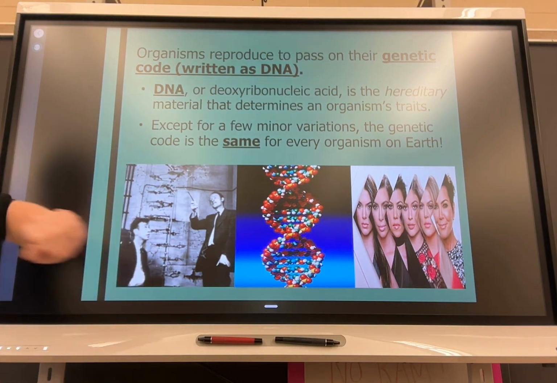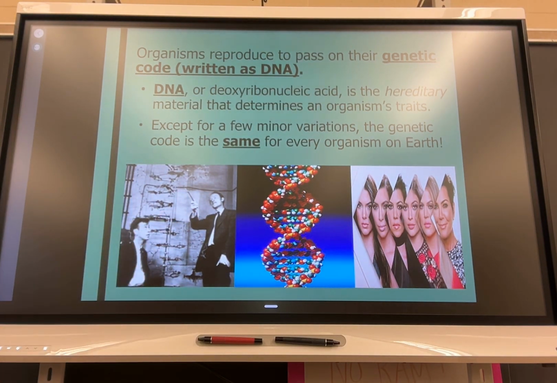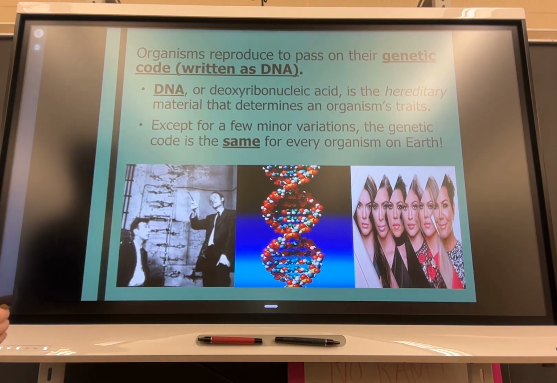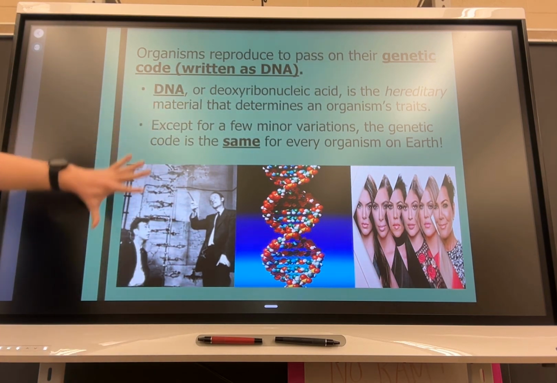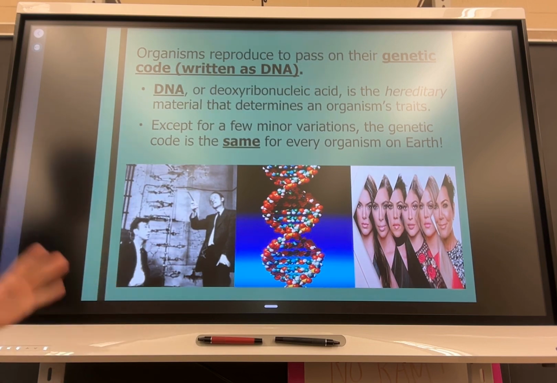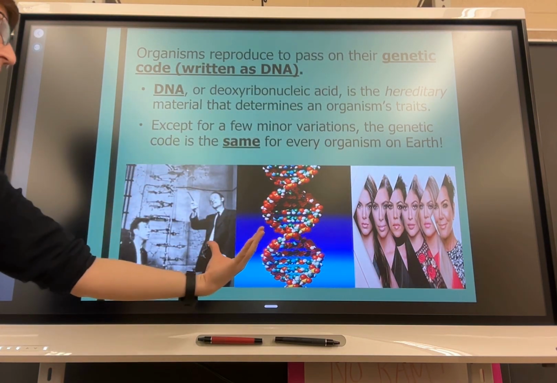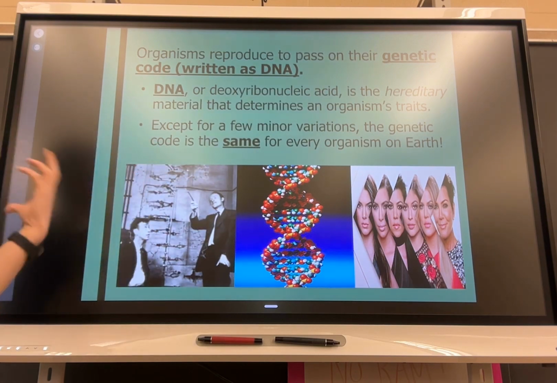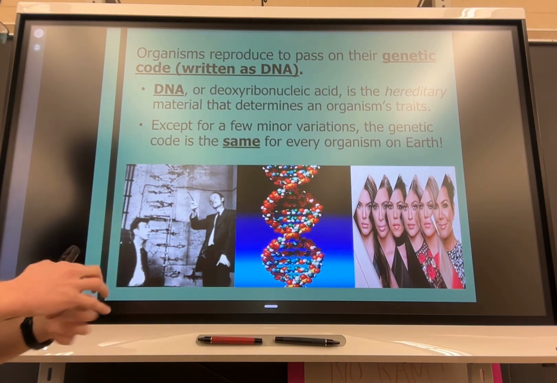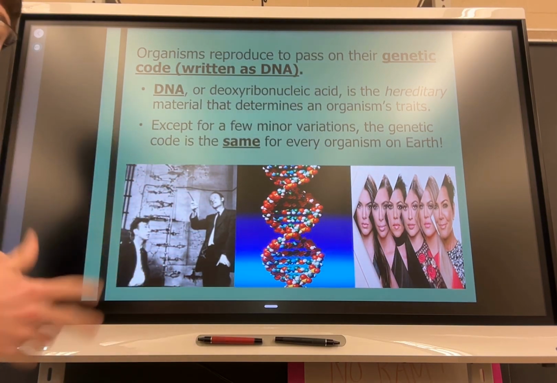So DNA was discovered by a couple scientists, Watson, Crick, and Rosalind Franklin was another big help. They were the ones who discovered the actual structure of DNA and got it put together. We've since done a lot of research into kind of mapping it and figuring out where different genes are located and how they get passed down over time.